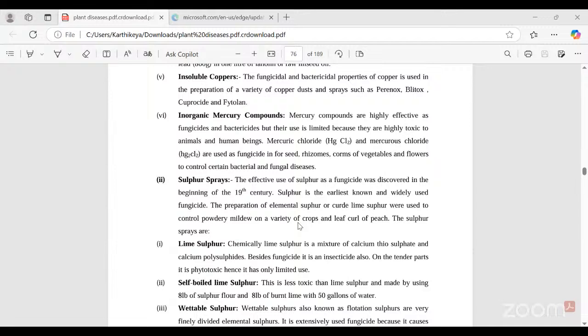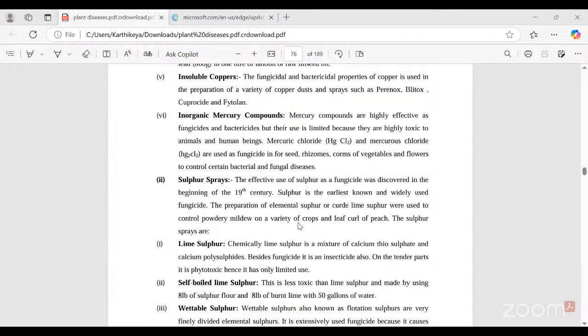Mercury compounds are highly effective as fungicides and bactericides, but their use is limited because they are highly toxic to animals and human beings.